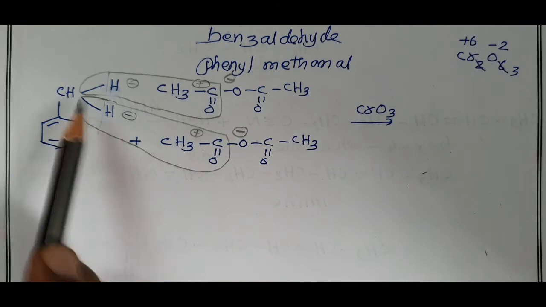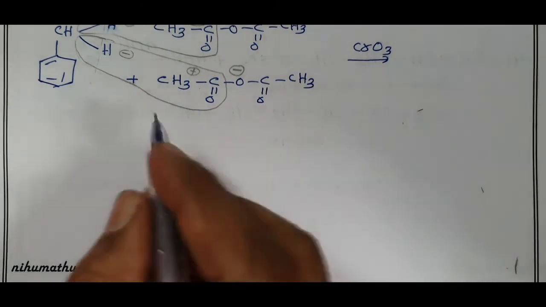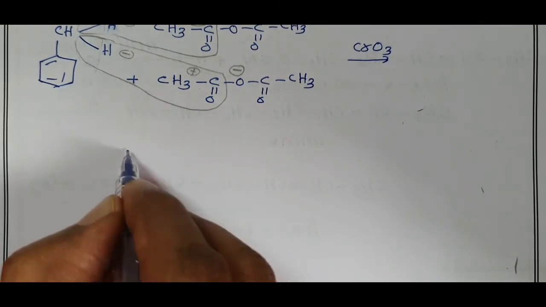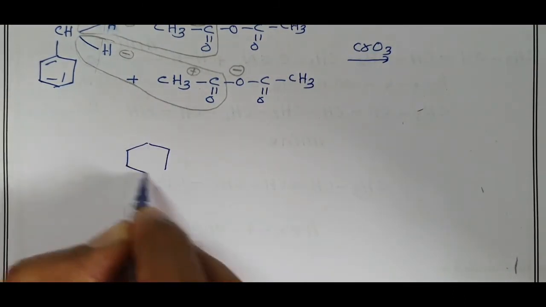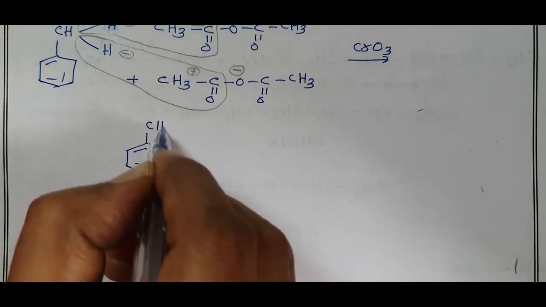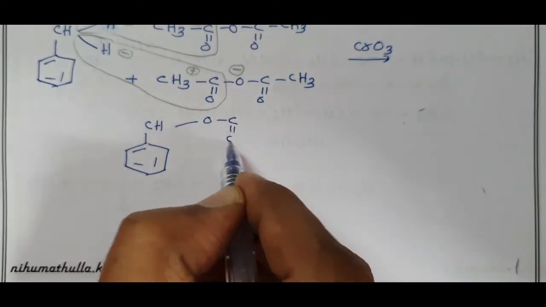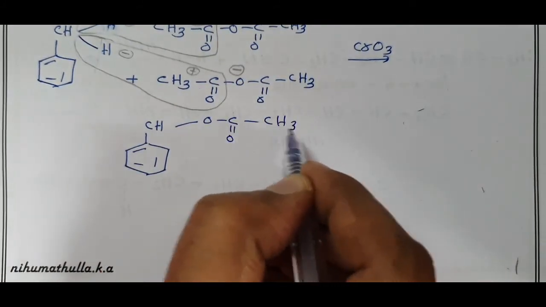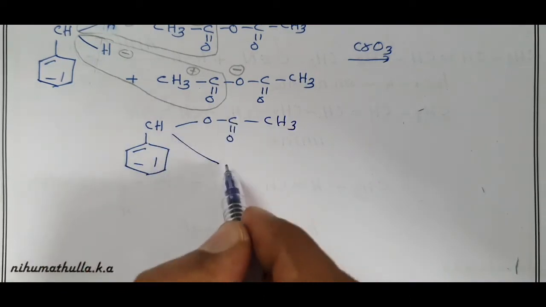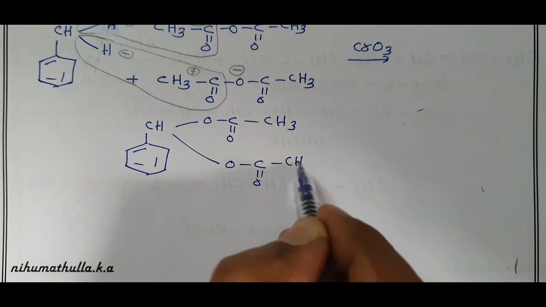So 2 acetate ions are now added to the benzylic carbon, which gives an intermediate compound, C6H5, here you have CH, 1 carbon, 1 acetate O, C double bond O, CH3. To the same carbon another acetate O, C double bond O, CH3.